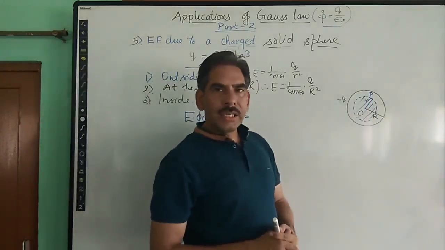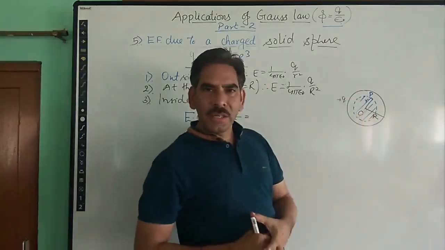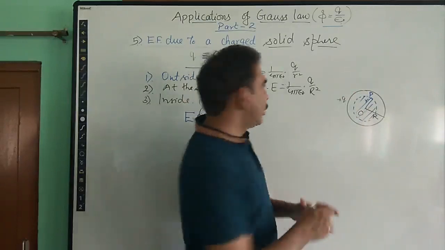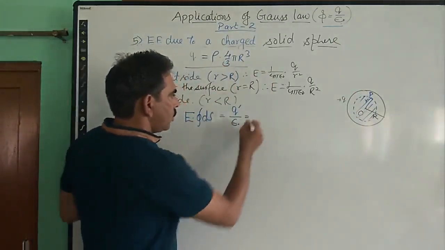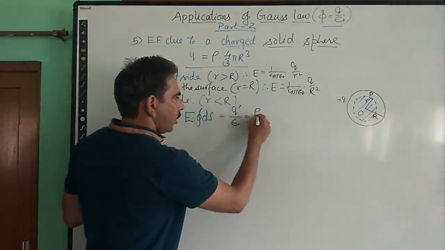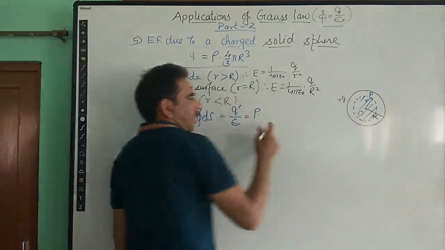So Q dash is the charge enclosed by this Gaussian surface having radius small r. How do we find the charge inside this Gaussian surface? In terms of the volume charge density, which is given by rho. So it is rho into the volume of this Gaussian surface.